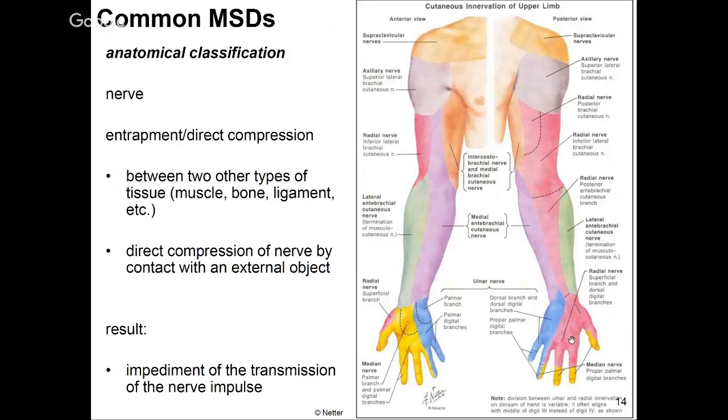So the radial nerve comes down and it takes care of the sensation and everything for all of this part of your arm. The lateral antebrachial cutaneous nerve, you don't need to memorize all these. Just know that nerves travel to different parts of your body and they'll take care of different parts. And depending on where you're getting pain or irritation, you might be able to determine what nerve it is that isn't happy, that's unhappy.